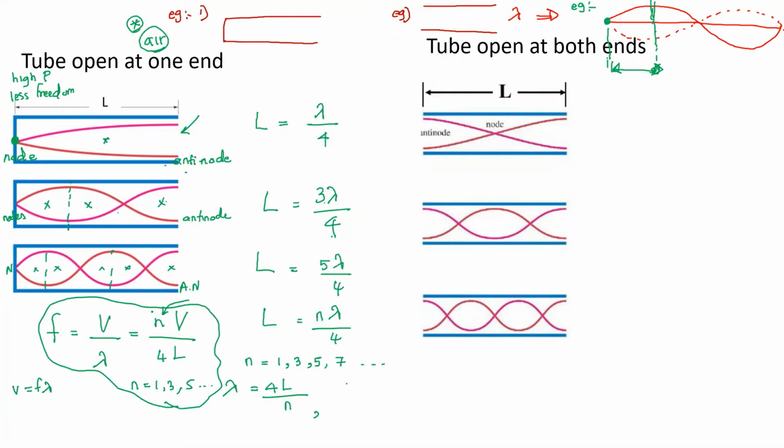So the first harmonic will be, let's say, F naught. So the second harmonic will be 3 times F naught. Your third harmonic will be 5 times F naught. So it is not similar to the string. In the string, it was 1, 2, 3, right? The second harmonic was 2 F naught.